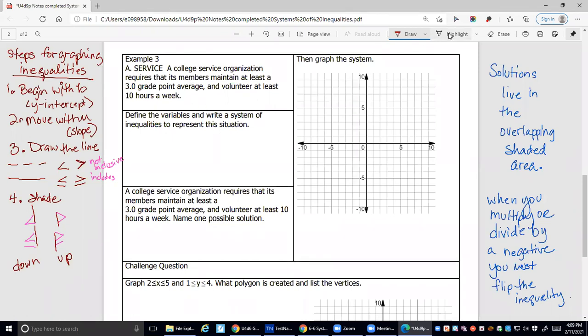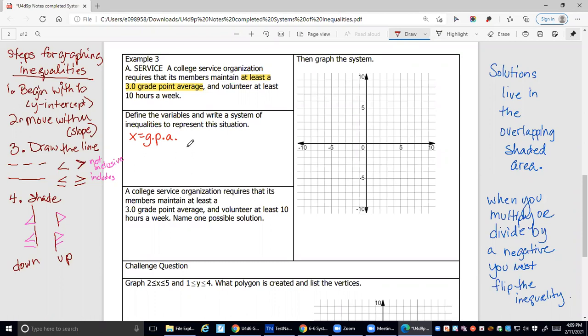So this first part right here is actually an inequality. This phrase that says at least a 3.0 grade point average. Let's go ahead and make X equal to your GPA. That stands for your grade point average. Okay. So let's see how many people can get this the first time around.